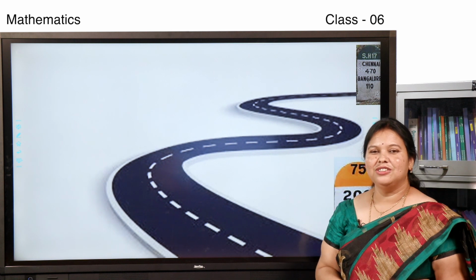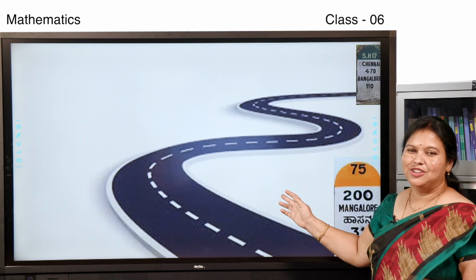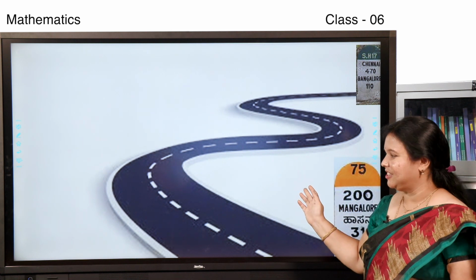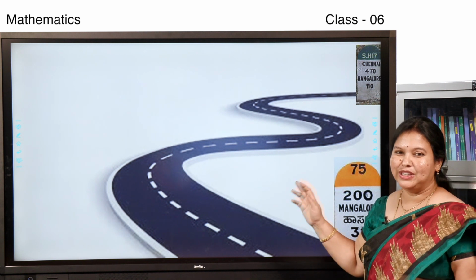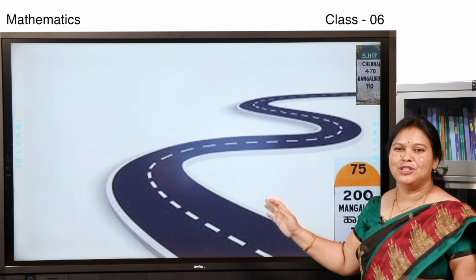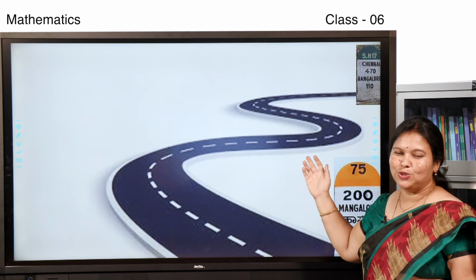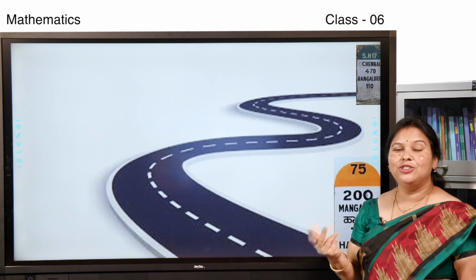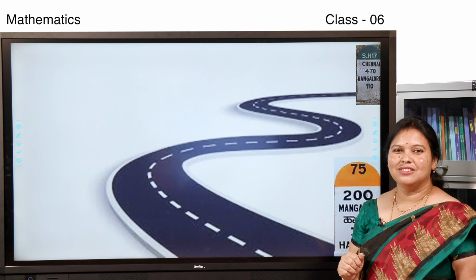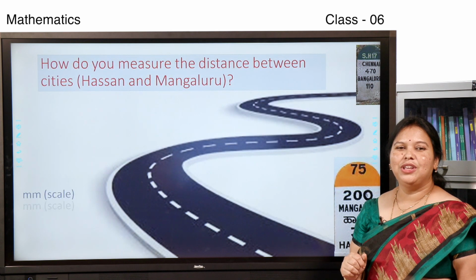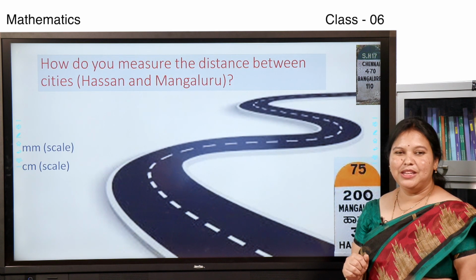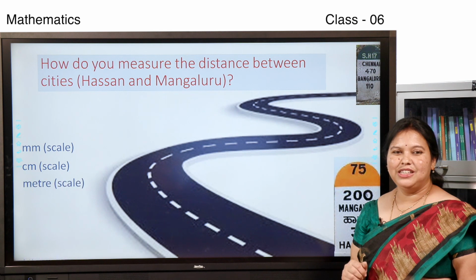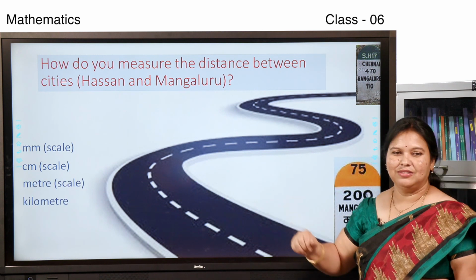Dear children, you are seeing the highway which connects two cities, for example, Mangalore and Hassan. In case to measure the distance between these two cities, what will you do? How will you measure? Here also I am giving you 4 units: millimeter, centimeter, meter and kilometer.